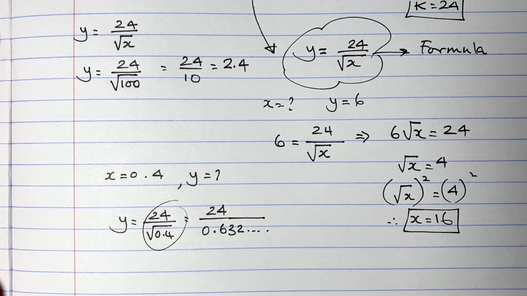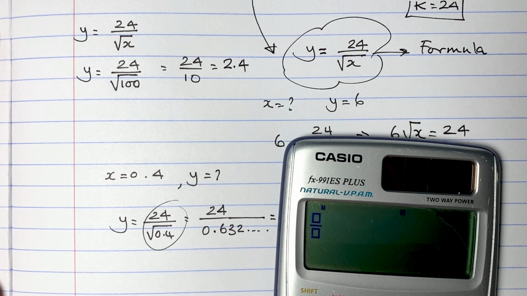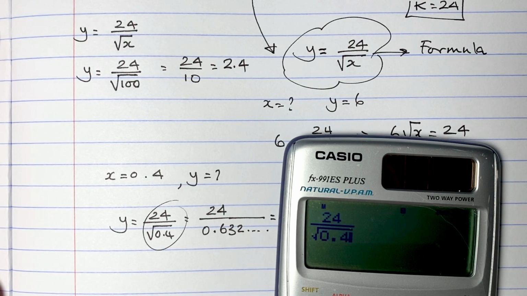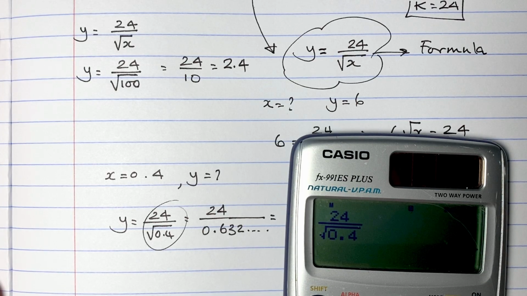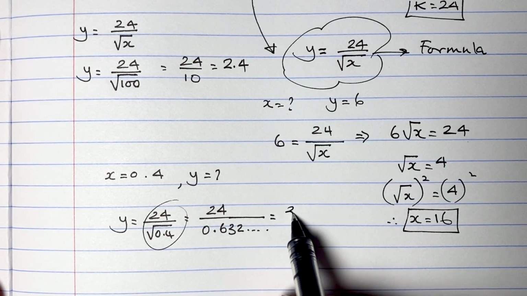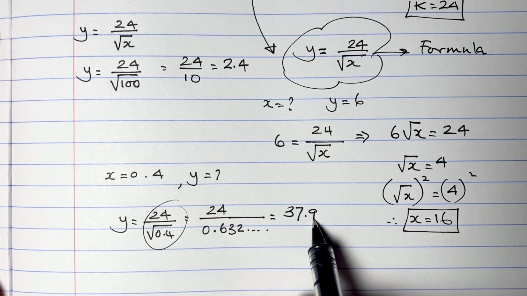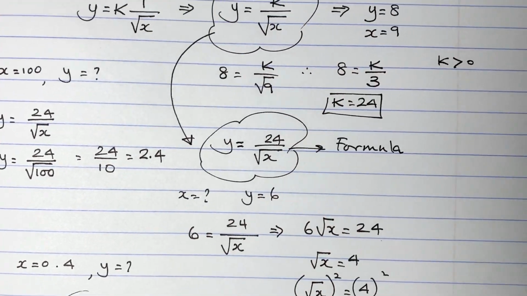Or you could just enter that in the calculator and round in one go. So it'll be 24 over square root of 0.4. So that's 12 root 10, and in decimals would be 37.91 to 2 decimal places, which I'm going to replace in here.